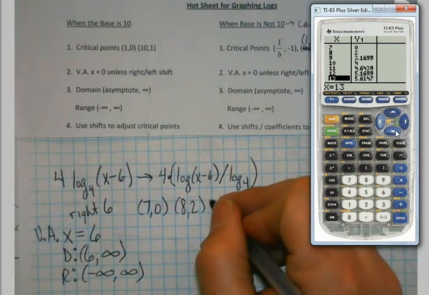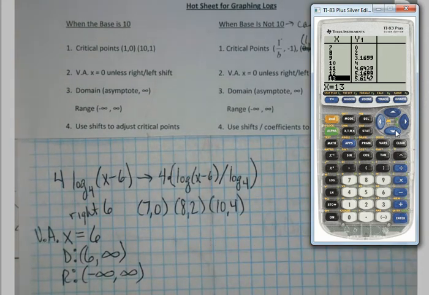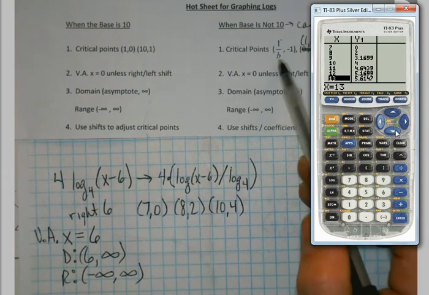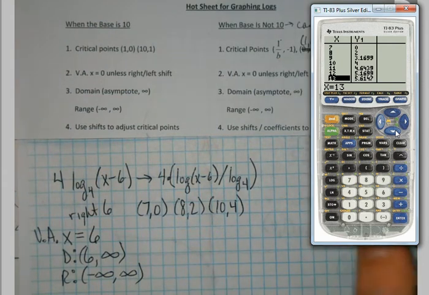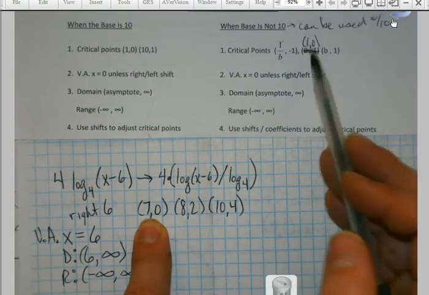And I have a point at 10, 4. So I'm looking and I'm going, now how is this making any sense? Because if I just took my base, which is 4, this one we don't see as much. But then I start looking at this and I'm like, right 6, that'd make that 7, 0. Okay. So I see where, oops, let me get my calculator out of the way.